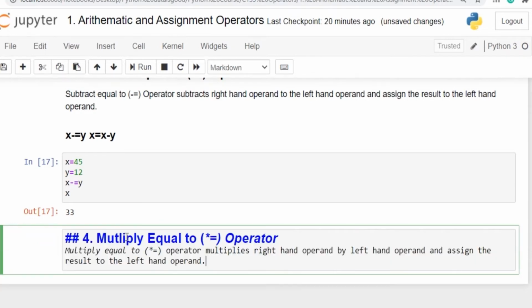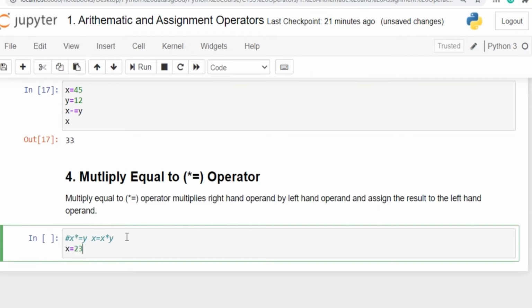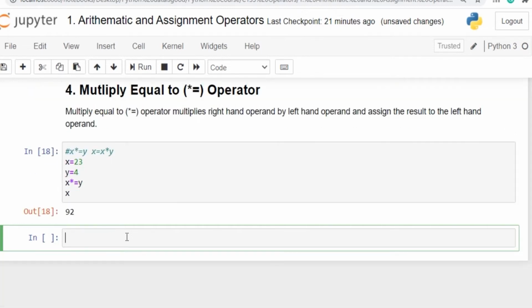Next we have the multiply equal to operator, which multiplies the right-hand operand by the left-hand operand and assigns the result to the left-hand operand. For example, x multiply equal to y implies x is equal to x into y. X equal to 23, y equal to 4. X equal to 23 into 4 equal to 92.